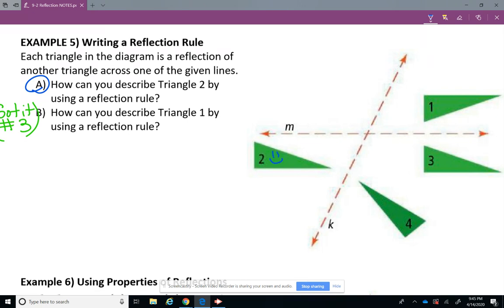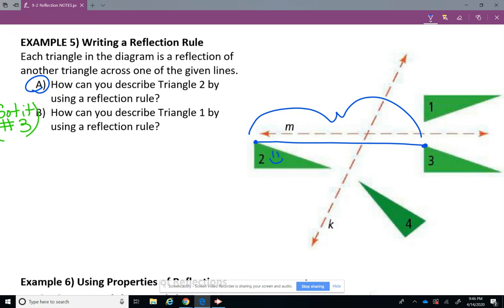How can you describe triangle 2, I'm going to put a smiley face in it, by using a reflection rule? Now, remember, the distance from one of the points here to one of the points there, this line would have to be perpendicularly bisected.